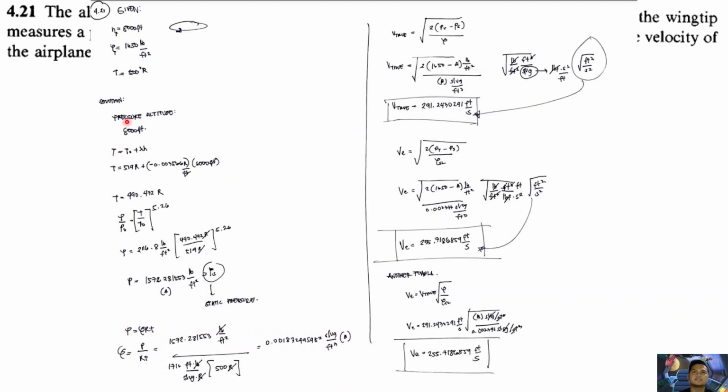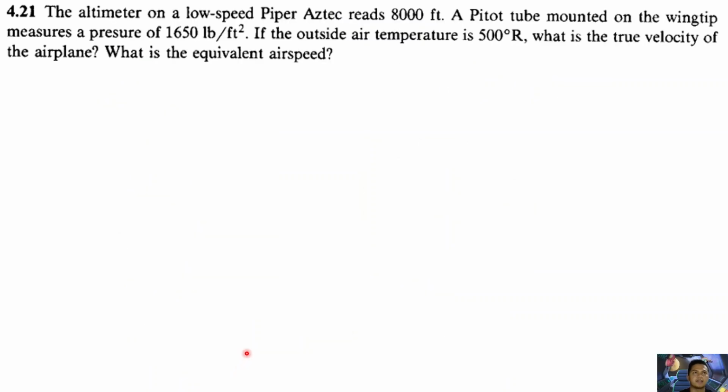Next is getting your density. With the equation of state, we have density is equal to pressure over RT. And then we have pressure, 1572.281553 pounds per square foot. The gas constant, 1716 foot-pound per slug per Rankine, and 500 Rankine, as given to us, is the outside air temperature.